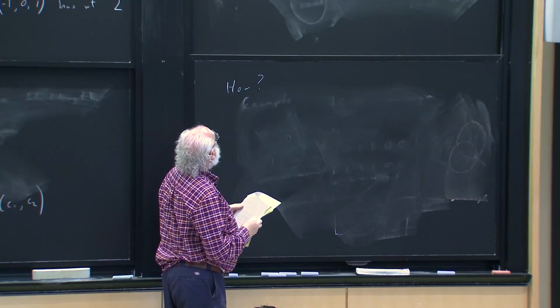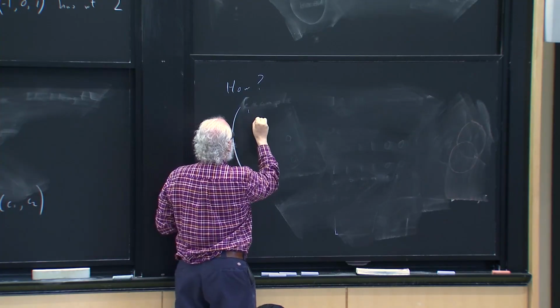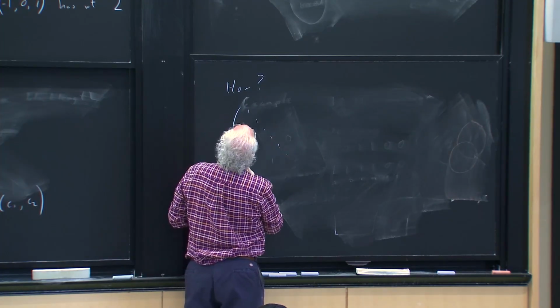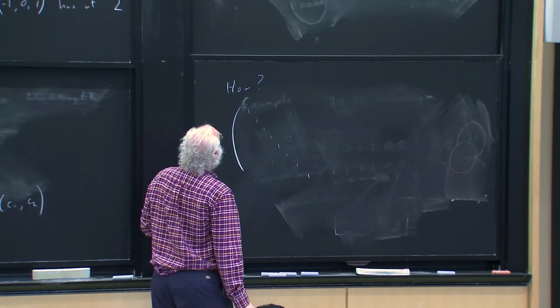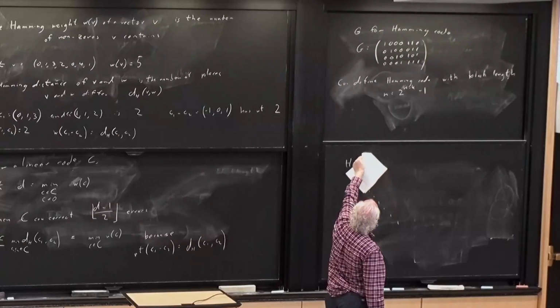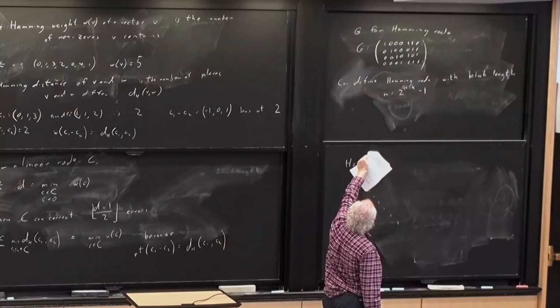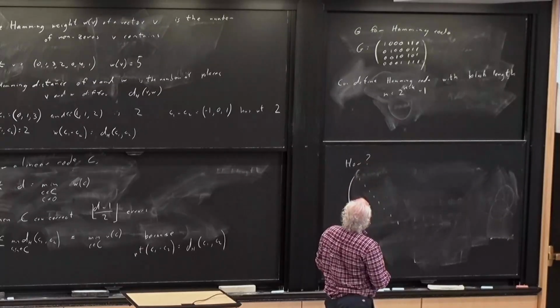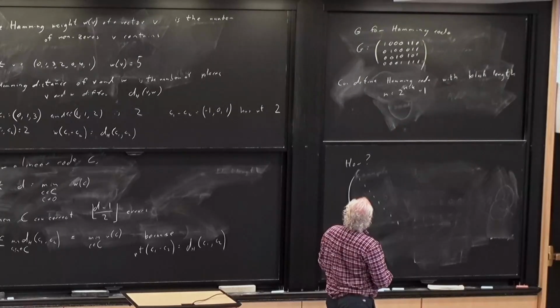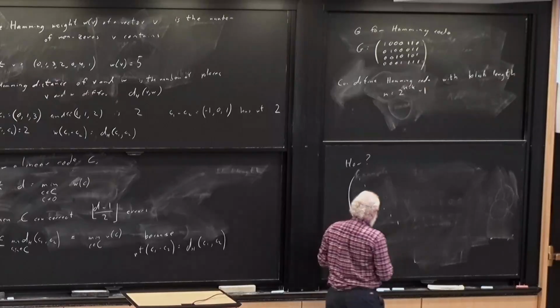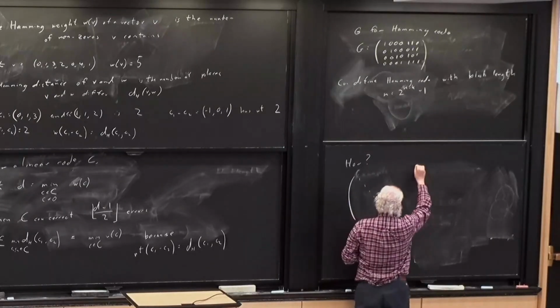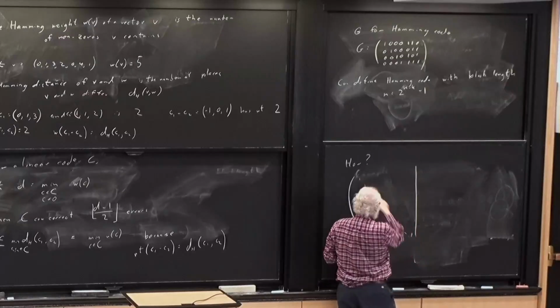Okay, well, we're going to do the same thing as we did before. So we put the identity matrix here.